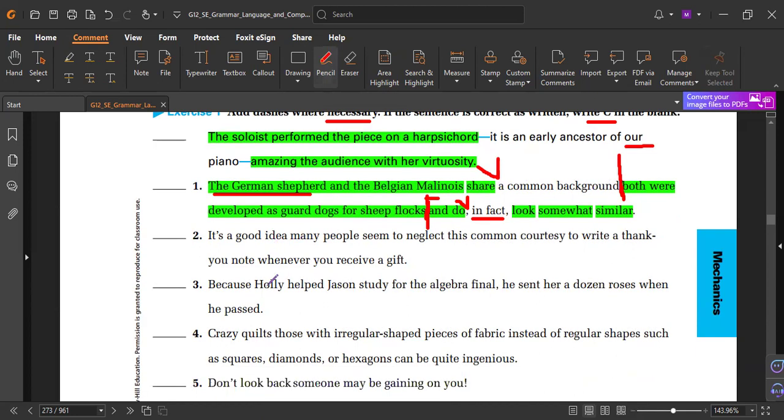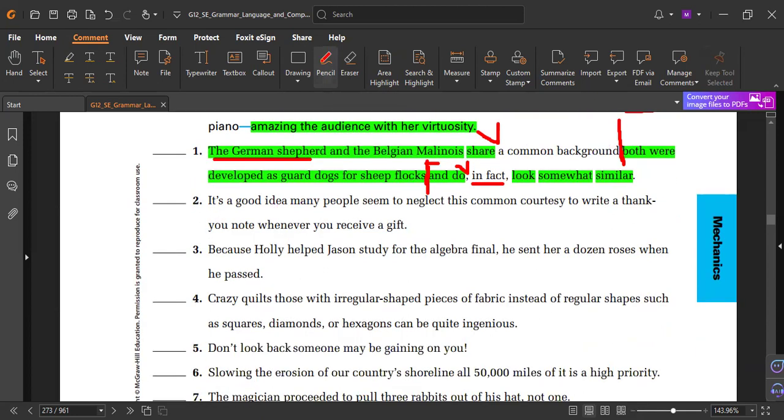Now for number two, where should the dash be? Oh, I think it's correct. Now we need two dashes. I don't know where. Let me help.